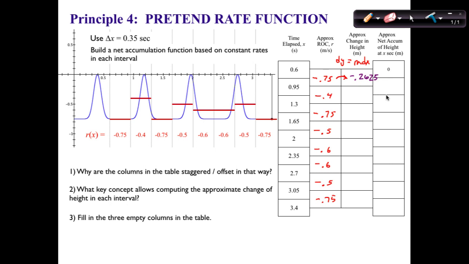And then we're going to get another little amount of change in the next interval, but at this different rate, right? So now I've got the rate of negative 0.4. So what I'm going to multiply the negative 0.4 by? The variation in time is, again, 0.35. So 0.35 times negative 0.4 is? 14? Yeah. Is that right?